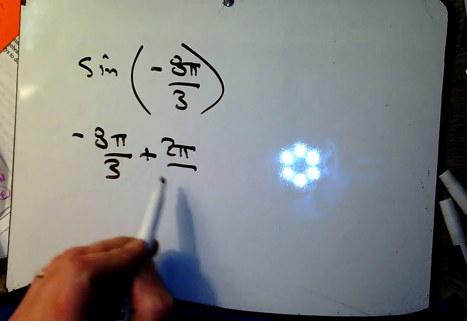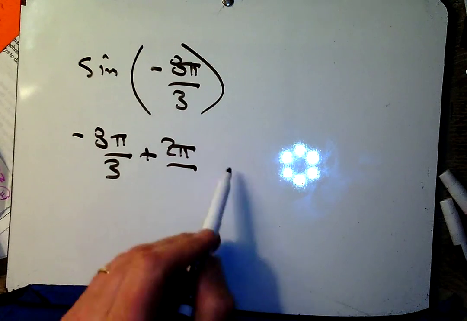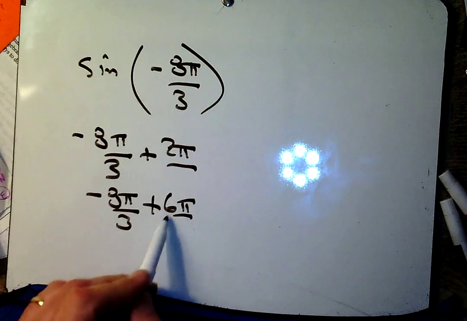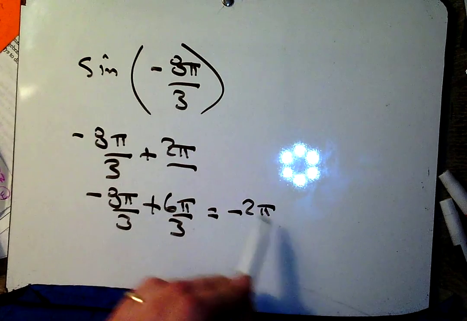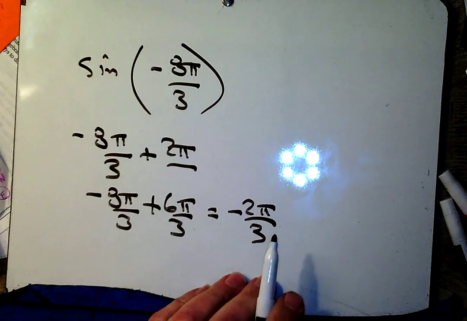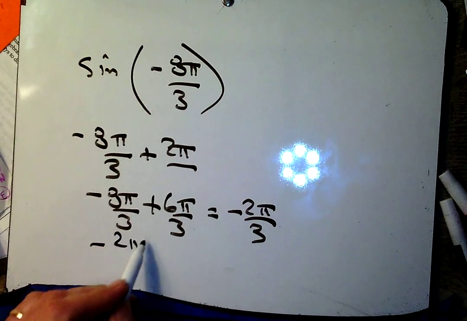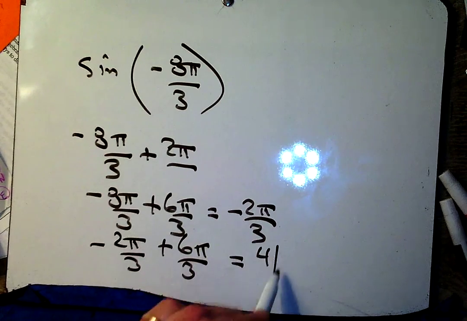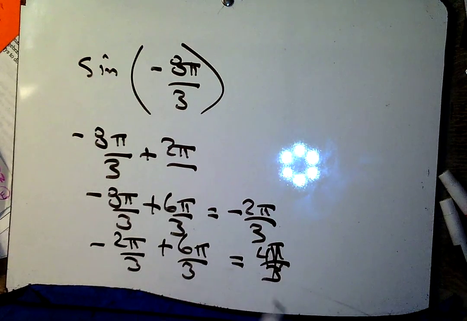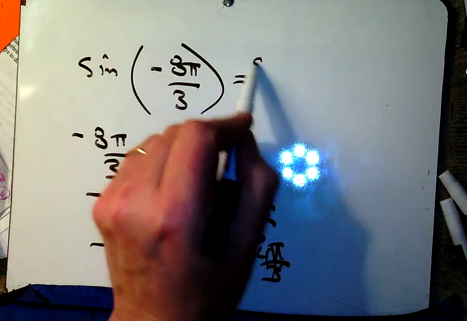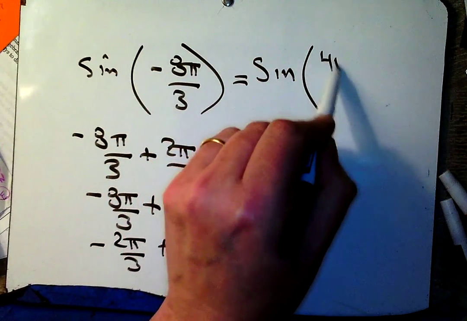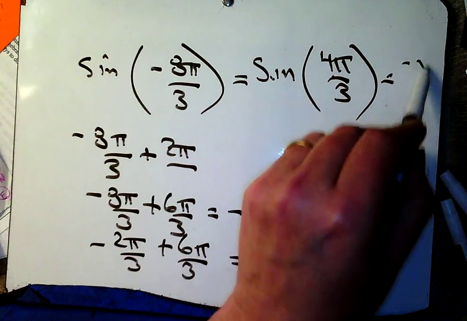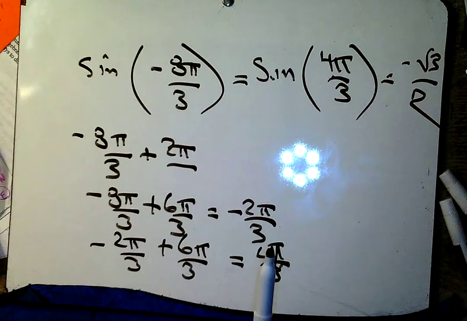Well, if I add 2 pi to that, that's going to be the same as saying negative 8 pi over 3 plus 6 pi over 3. When I get negative 2 pi over 3, that's still not on my unit circle. So let's take that negative 2 pi over 3 and add another 2 pi to it. And we'll get 4 pi over 3. So this is the same as sine of 4 pi over 3. And we know the y value at 4 pi over 3 is negative root 3 over 2.